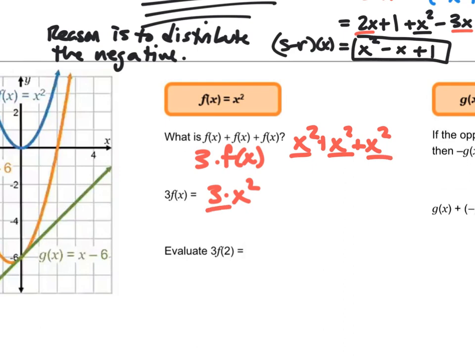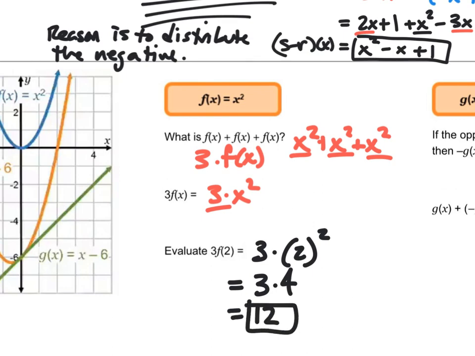So if I wanted to actually evaluate this and take 3 times the function f of 2, I'm going to plug 2 in for that function and then multiply it by 3. So this is really the same thing as me taking 3 times 2 quantity squared. And if we evaluate this, then we get 3 times 4, which gives us 12. So got to be able to substitute and think about how we get those.